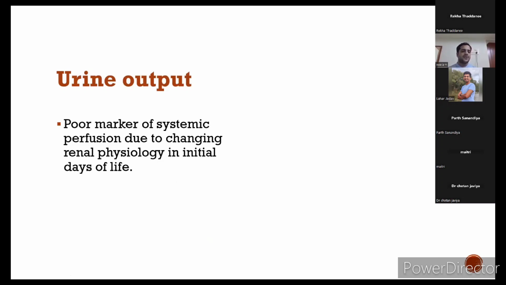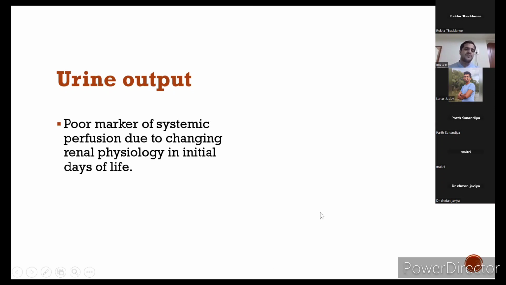Then coming to urine output, usually in adults, and even in pediatrics, when you are managing patients with dengue, you are more worried about urine output, right? Every day we used to go to the pediatrics ward and ask about urine output in dengue patients, because we are worried about the perfusion in terms of urine output.